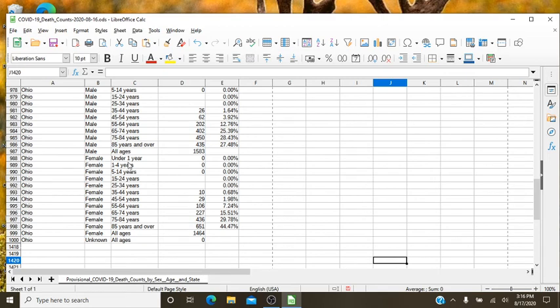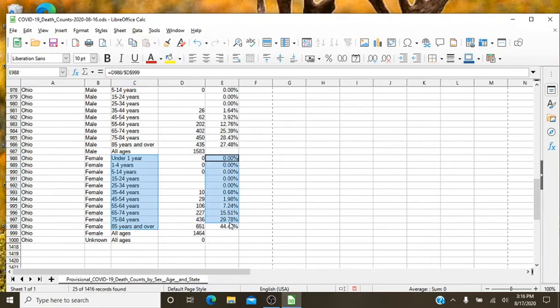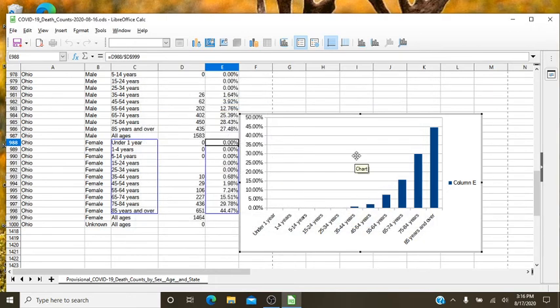Now let's take a look at women, also called females by some people. Once again, the death rate appears to be higher among women.